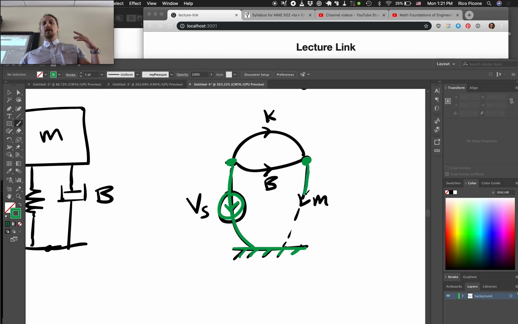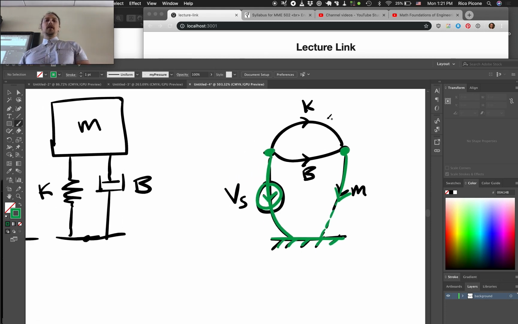We've got one here, the mass. If we add K or B in, we will create a loop, right? So we can't do it. Can't put K in, can't put B in, or we'll create a loop. It wouldn't be a normal tree if there was a loop. Therefore, we're done. Okay. Great.